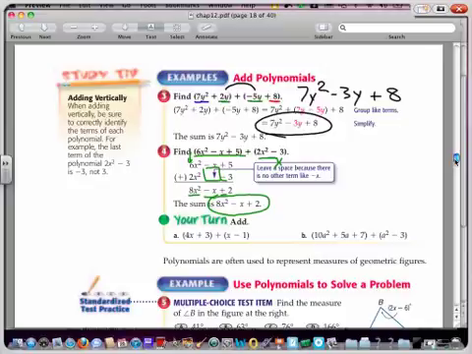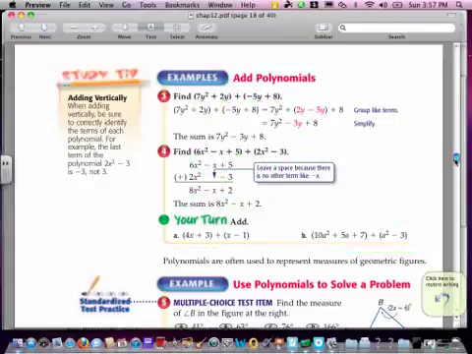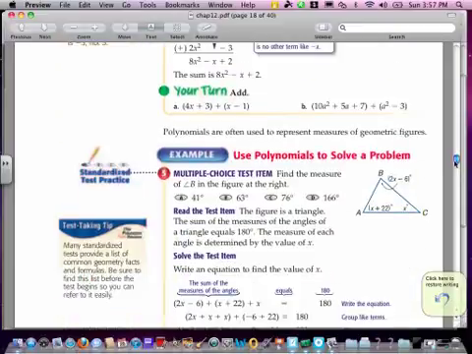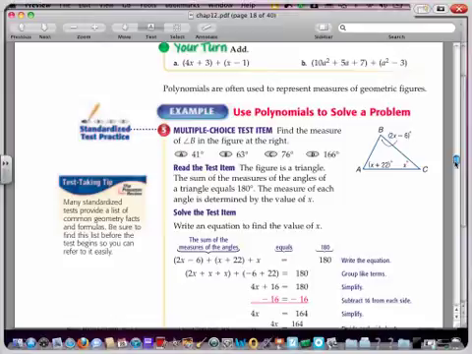All right, your turn. Try these two right here. All right, the first one looks like it worked really well to just add them. I'm going to put this one underneath, x minus 1. And 4x plus x is 5x. 3 minus 1 is positive 2, plus 2.